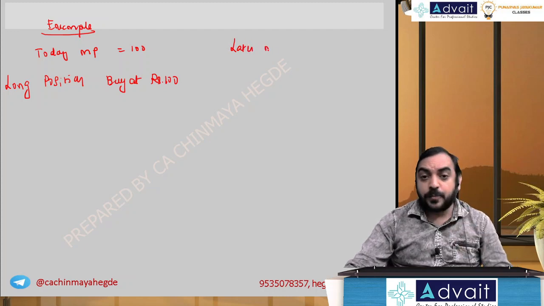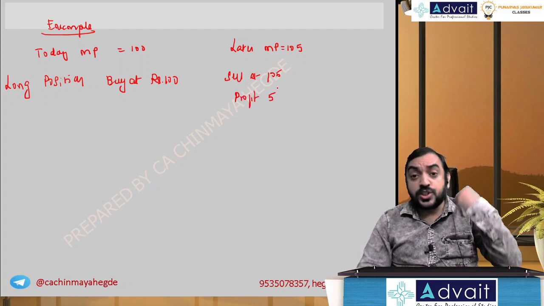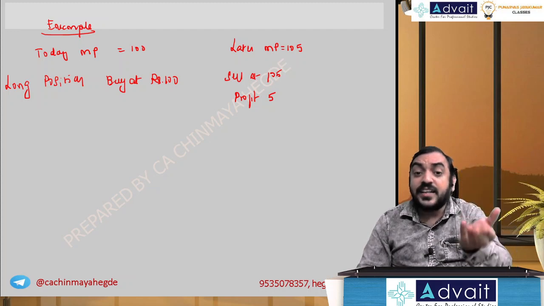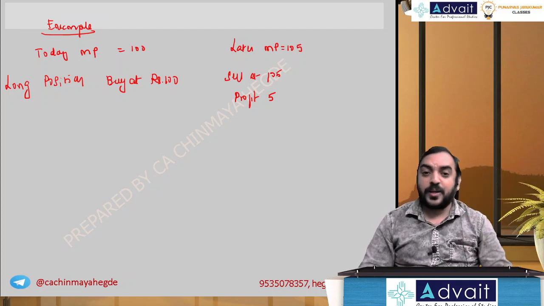Later, market price became 105. Market price increased. So you sell at 105. You make a profit of 5 rupees. Bullish position, expectation was market price going up. Yes, it did happen. You make a profit.